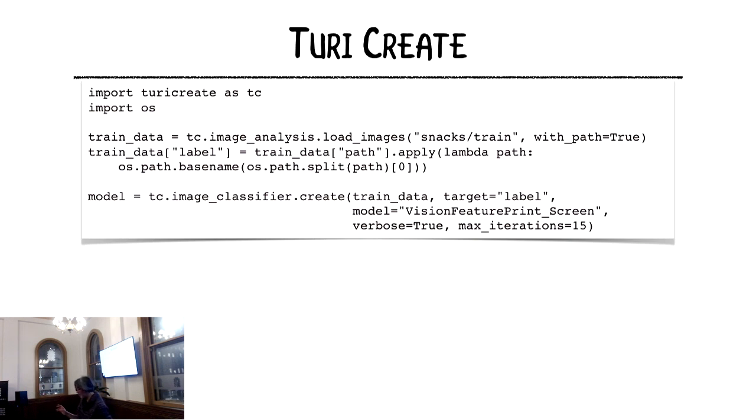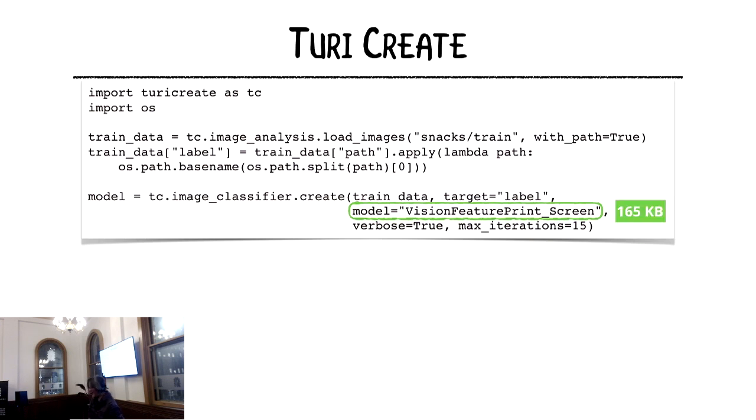It's not that hard. You go to the Turi Create website, GitHub, and it has a link there for the Turi Create version 5 beta. But something is happening under the covers, because this is using the same base model as CreateML, same data as CreateML, but the accuracies when I ran it are a little bit lower, and the model is half the size. So I haven't figured out what's going on there, but it's not exactly the same.